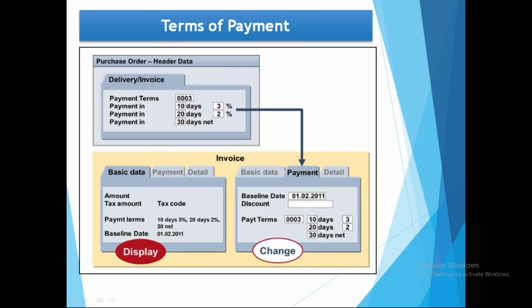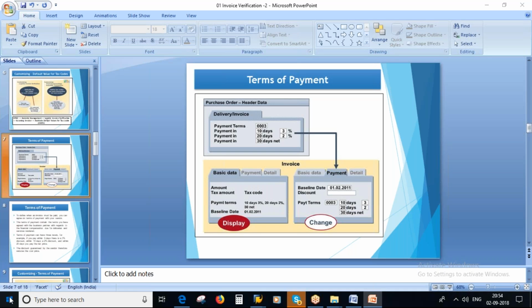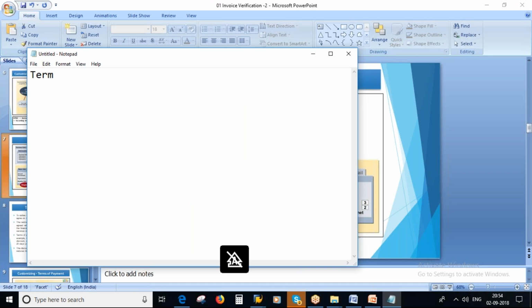These terms of payment are maintained in the vendor master. Suppose I open a notepad file: terms of payment are normally first maintained in the vendor master. From the vendor master, when you create a PO, they get inherited to the purchase order.